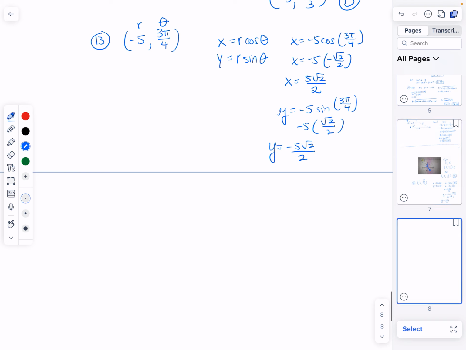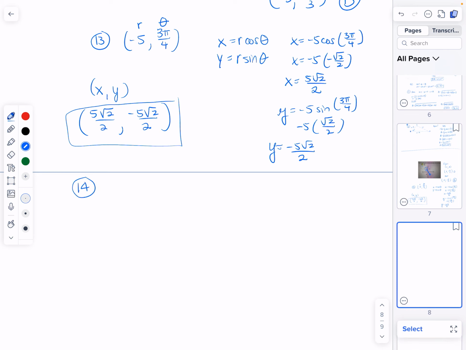So to put the pieces together, I now just have to write this as a coordinate, x comma y. So again, x is 5 radical 2 over 2, and y is negative 5 radical 2 over 2. And that is my answer. Number 14. 14 says the rectangular coordinates of a point are given. Find the polar coordinates.